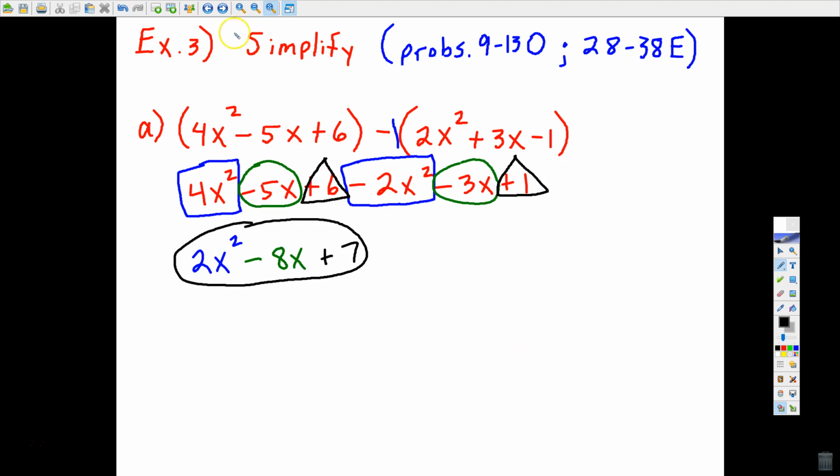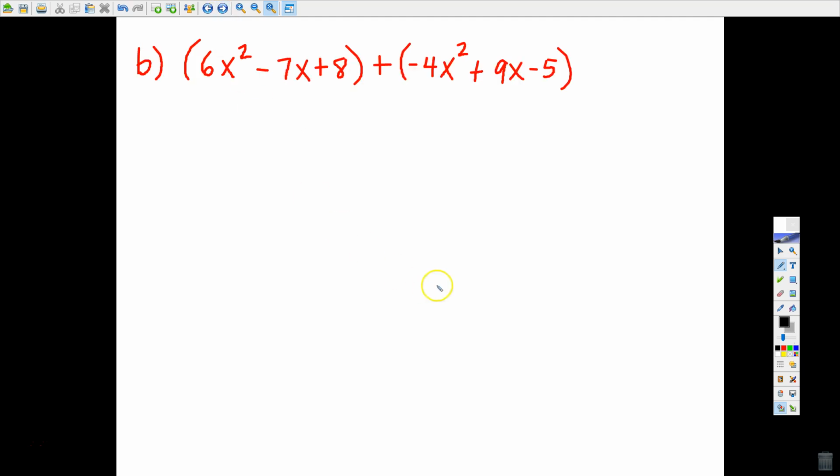Okay, let's try another example. This time I'm going to use the vertical method, and maybe you've seen this in the past. The vertical method says that we're going to line our terms up.